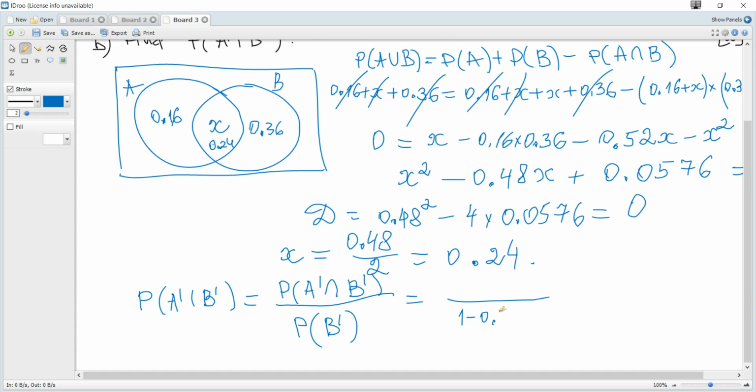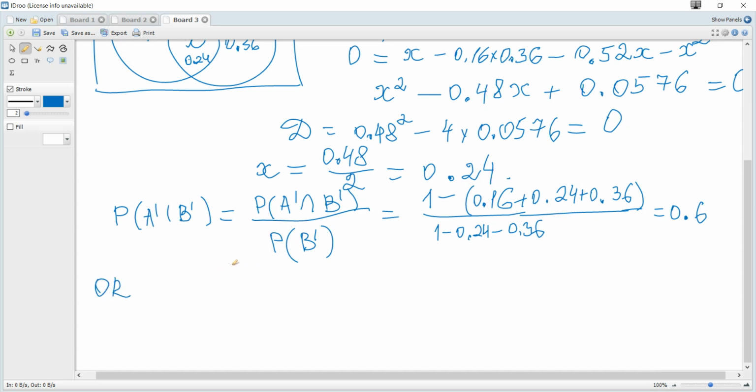And not A and not B is neither, it's here, and it can be found as 1 minus the probability of A or B, because A or B is here, so it's 1 minus 0.16 plus 0.24 plus 0.36, and it is equal to 0.6.